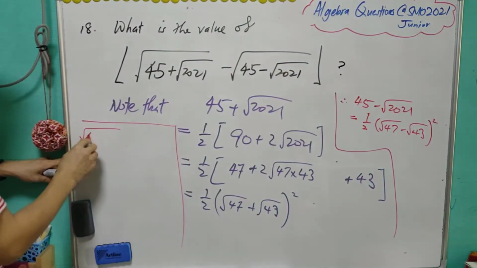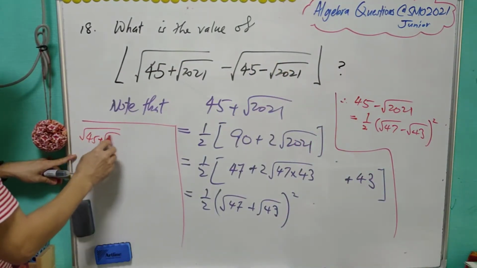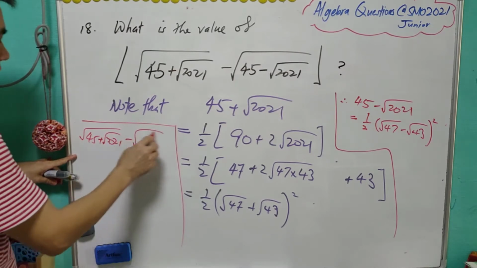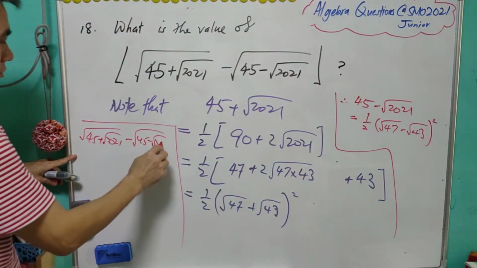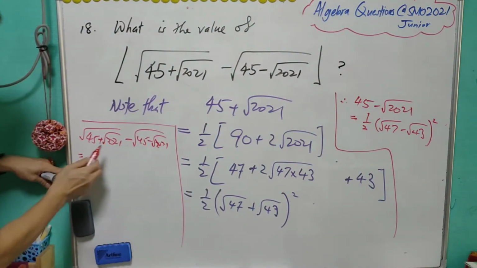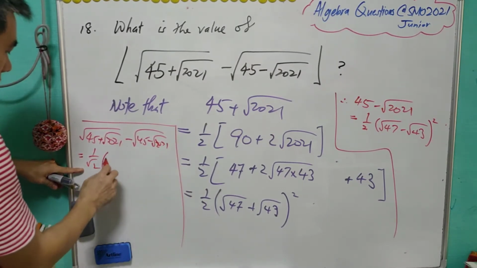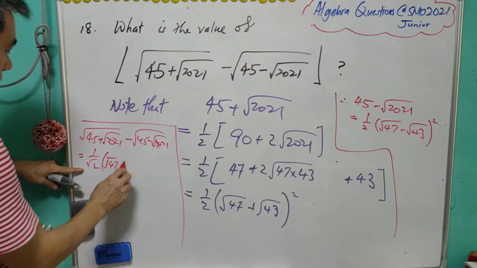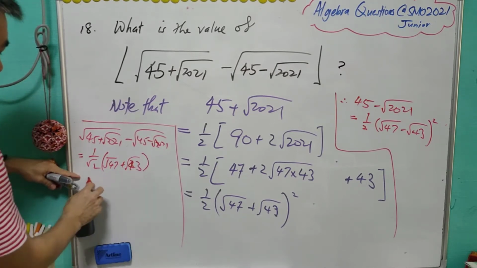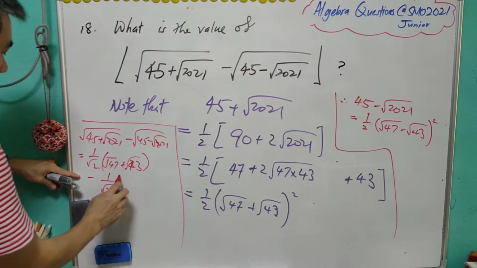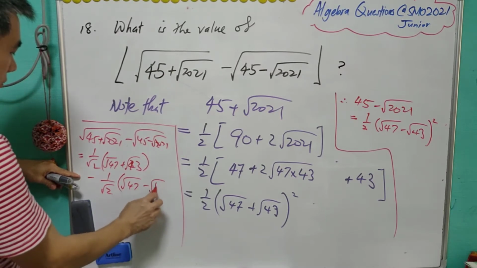Then we have the square root of 45 plus the square root of 2021, minus the square root of 45 minus the square root of 2021, will be equal to 1 over square root 2 times the square root of 47 plus the square root of 43, minus 1 over square root 2 times the square root of 47 minus the square root of 43.